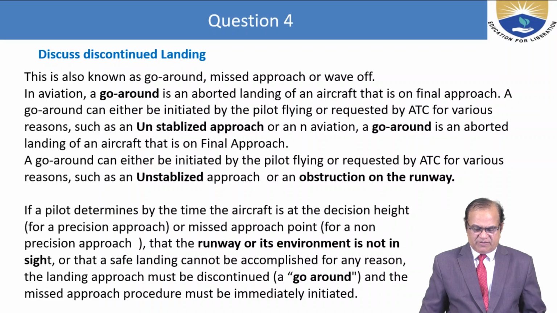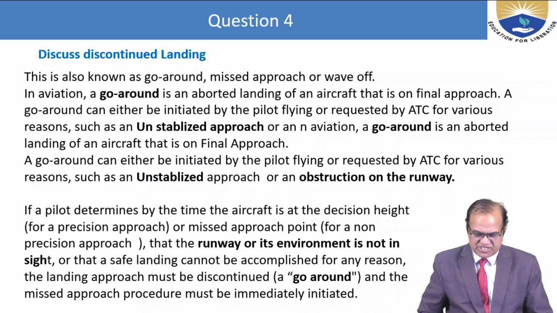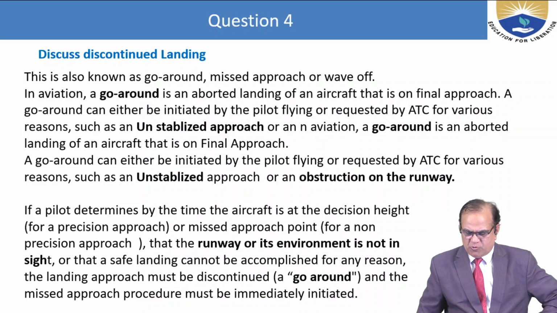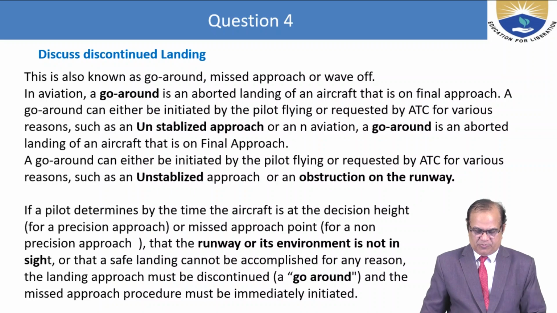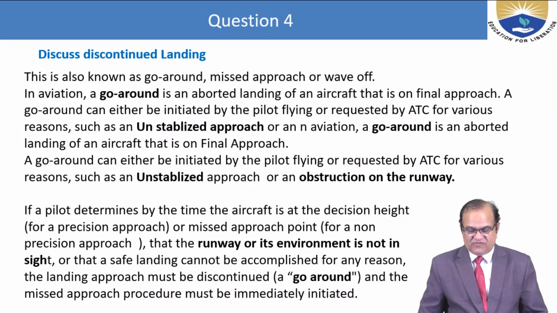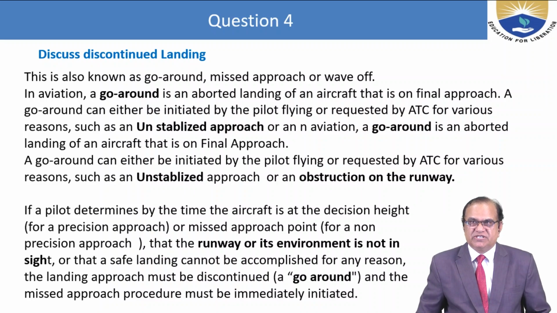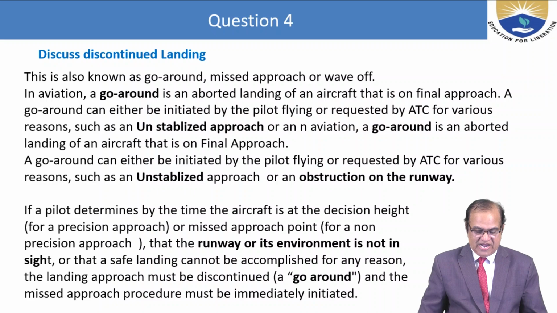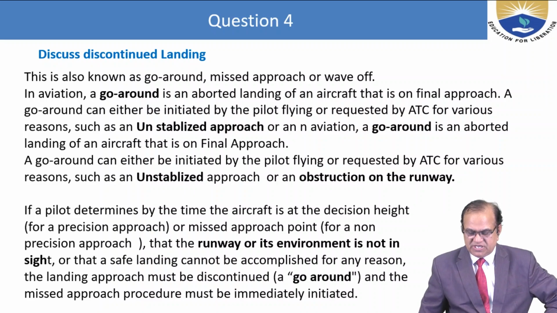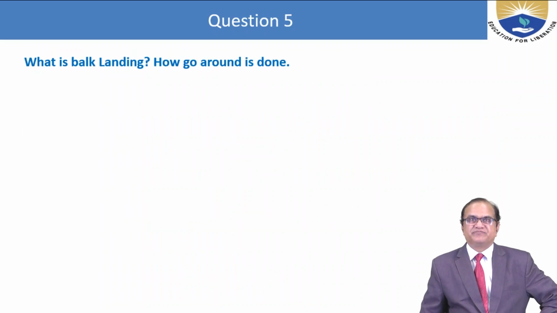If a pilot determines, by the time the aircraft is at the decision height for a precision approach or missed approach point for a non-precision approach, that the runway or its environment is not in sight, so that a safe landing cannot be accomplished for any reason, the landing approach must be discontinued or a go-around, and the missed approach procedure must be immediately initiated.